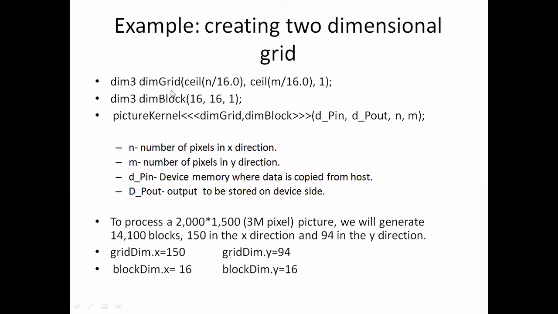For each block you are specifying, I want 16 threads in the x dimension, 16 threads in the y dimension. Then you are launching the kernel function by specifying this organization. I want dimBlock, the number of threads in each block, and dimGrid, the number of blocks, organized as specified.